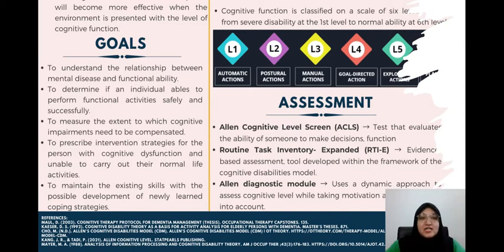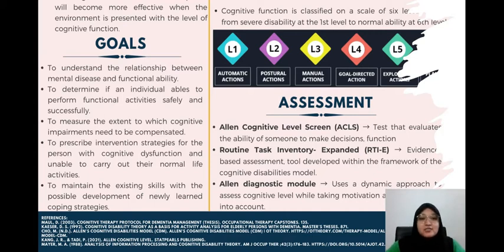And next, this cognitive disability FOR is also used to prescribe intervention strategies for persons who, as a result of cognitive dysfunction, are not able to carry out their normal life activities.